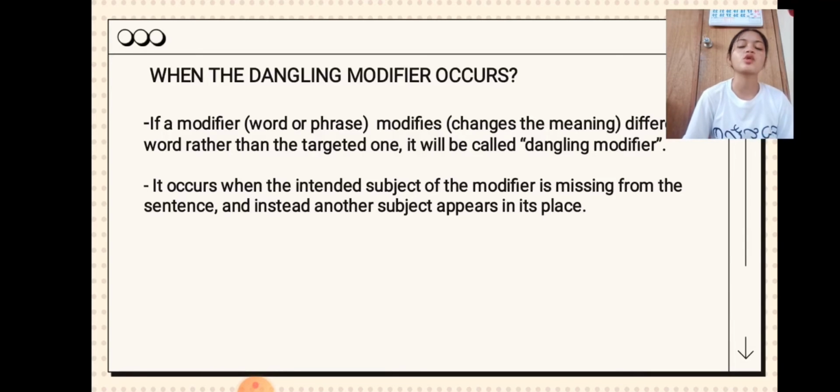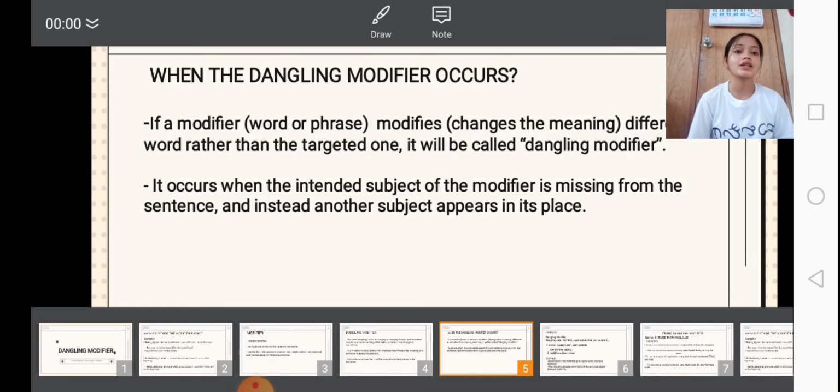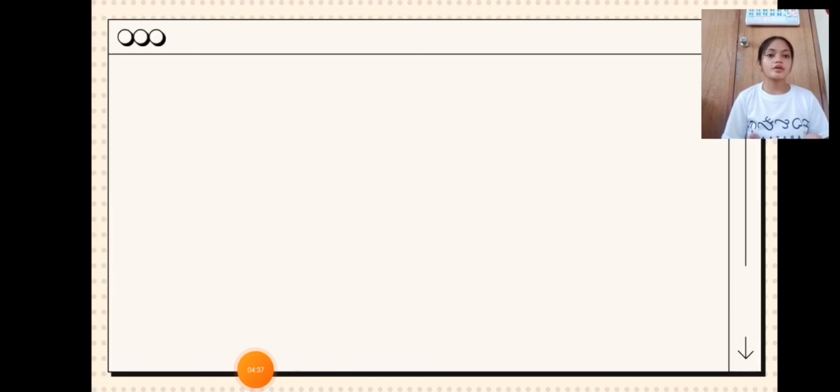It occurs when the intended subject of the modifier is missing from the sentence and instead another subject appears in its place. In short, we can see if that is an example of a dangling modifier if we can't see a subject or the doer of the action. These are reminders on how we can tell if a sentence is incomplete or an example of a dangling modifier.